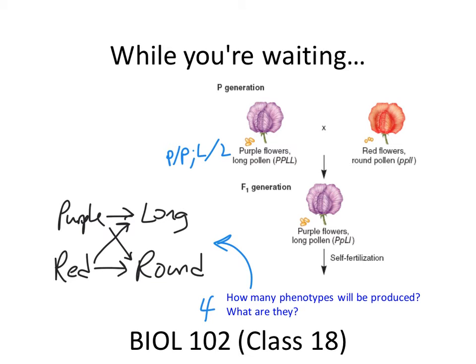So one dihybrid cross, right, each of these individuals, the F1s, are dihybrids. Big P over little p, big L over little l. So when you cross a dihybrid to itself or to its sibling, you should expect to find the 4 different combinations of traits.